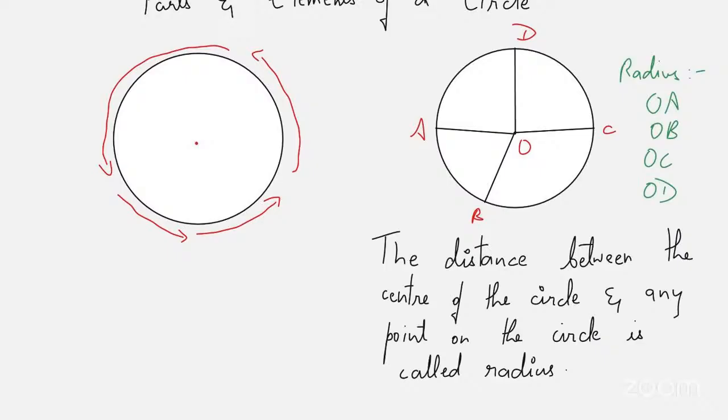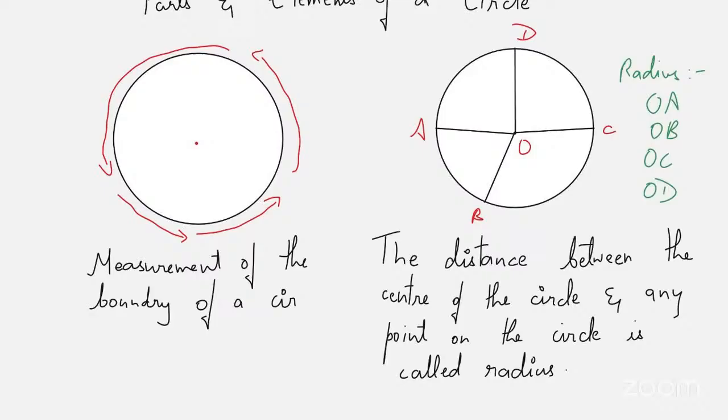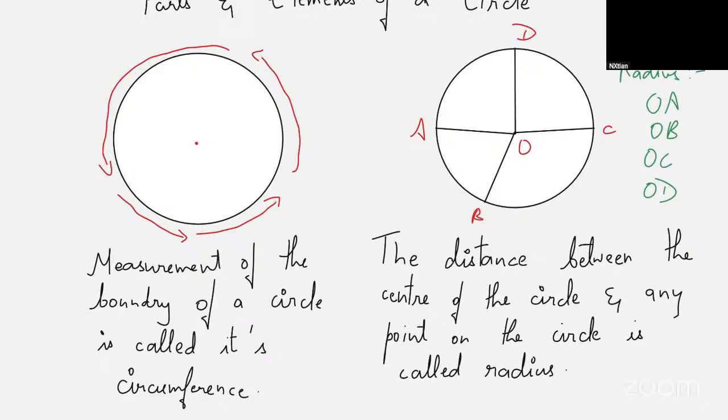Measurement of the boundary of a circle is called its circumference.